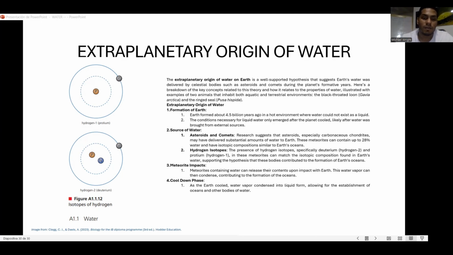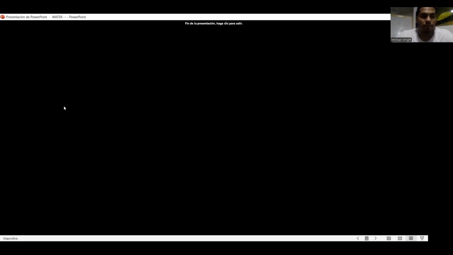So this water vapor can then condense, contributing to the formation of the oceans. And finally, we had a cool down phase. As the Earth cooled, water vapor condensed into liquid form, allowing for the establishment of oceans and other water bodies, right? And that's basically the history and the theory we're going to be approaching in this course of water.